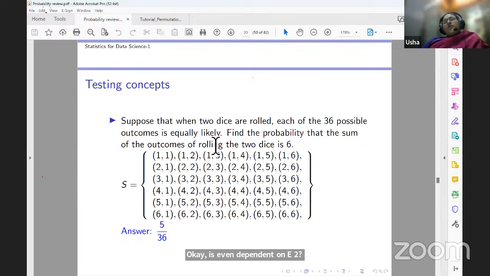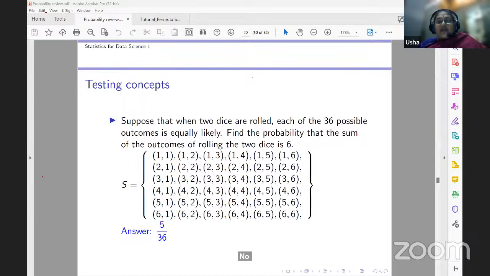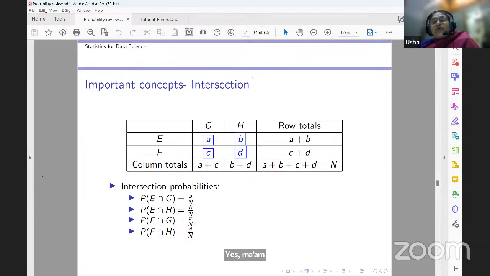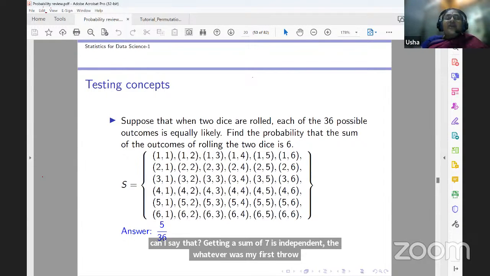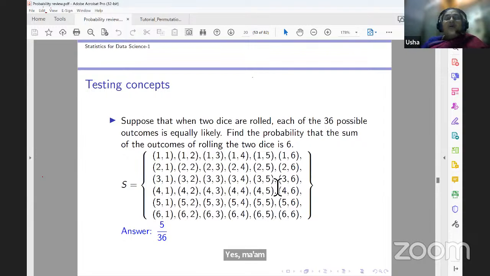So notionally, what we are trying to find out is the conditional probability of a particular event happening, conditioned on another event. That is what we are trying to see. Is that clear? Yes, ma'am.